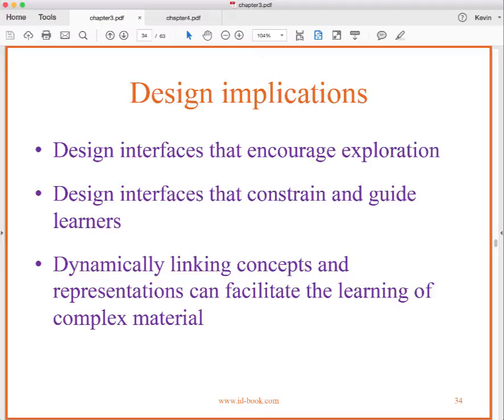So constraining and guiding the learners can be as powerful, at the right time and place, as the ability to encourage exploration when and where that's appropriate.